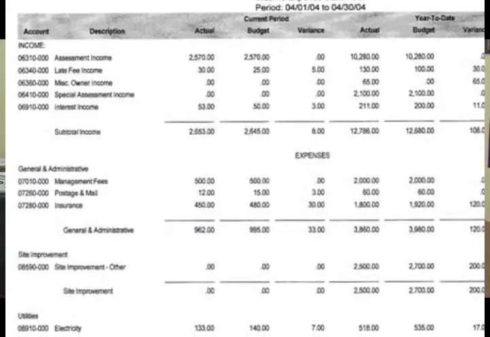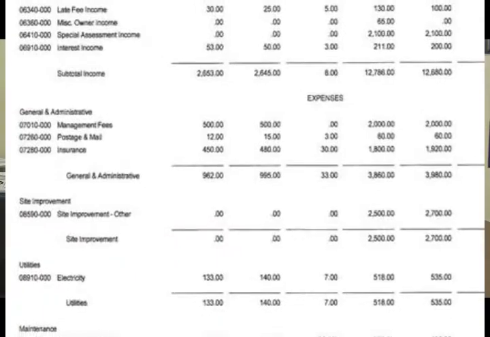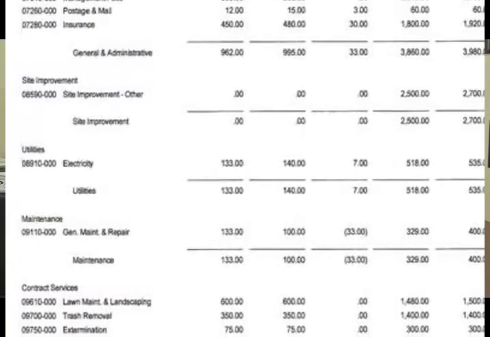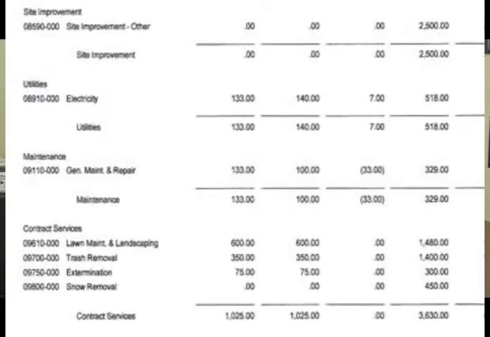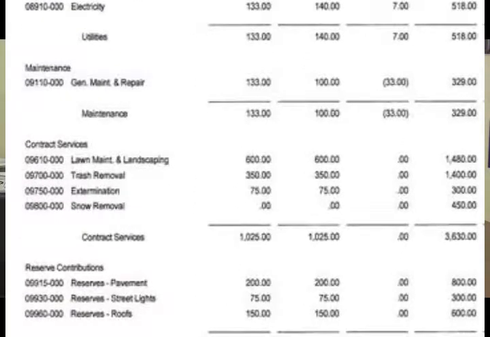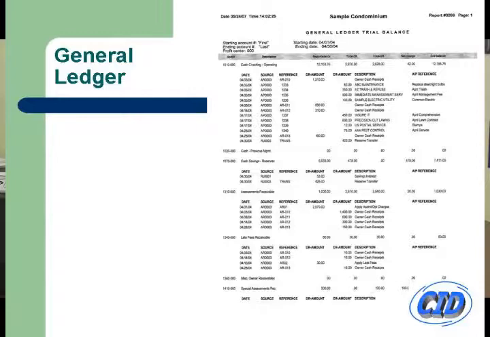You'll also have all of your different expenses that show up in general terms, like your landscaping, your general maintenance and repair, trash removal, those sorts of things will all show up on this income and expense statement.